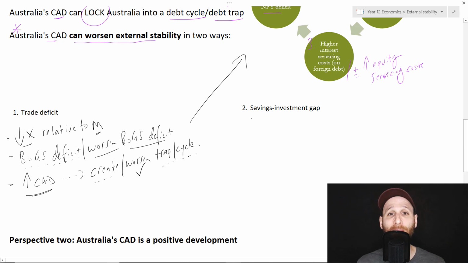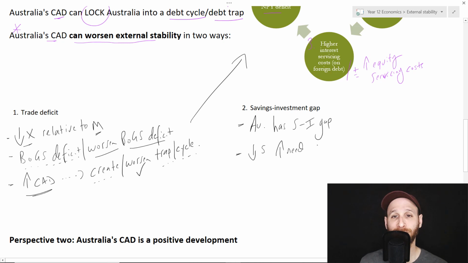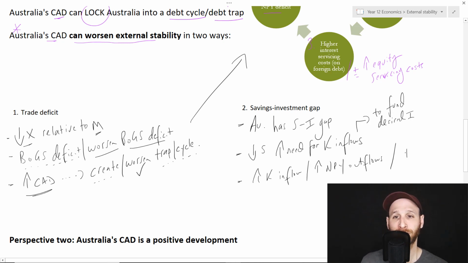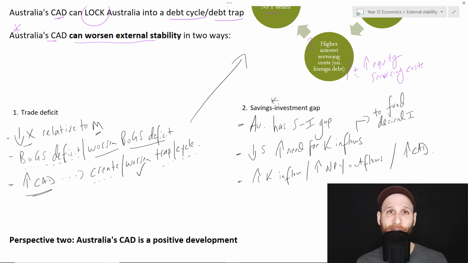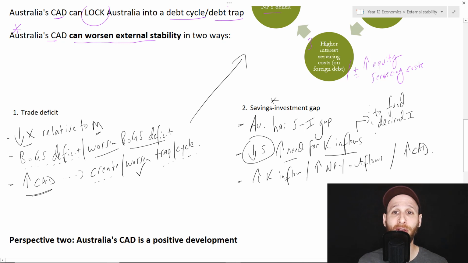Let's look at the other way, which is to do with the savings investment gap. So if we look at this idea of the savings investment gap, remember that Australia's levels of domestic saving are less than its desired level of investment, and this happens on a consistent basis. So let's say that savings rates in Australia decline. There will be an increased need for capital inflows in order to fund Australia's desired investment.